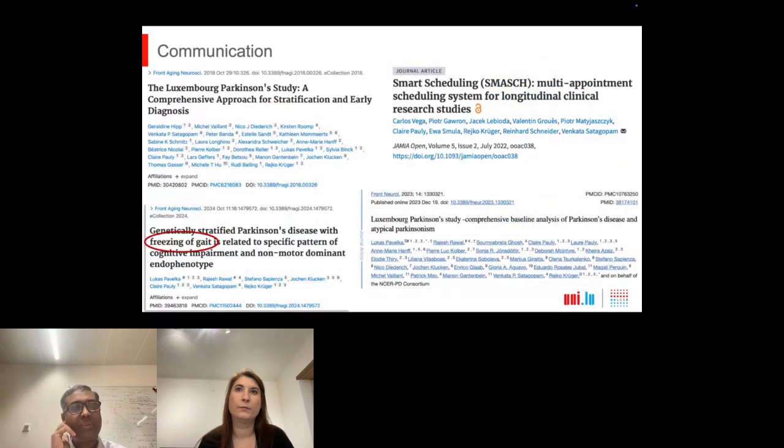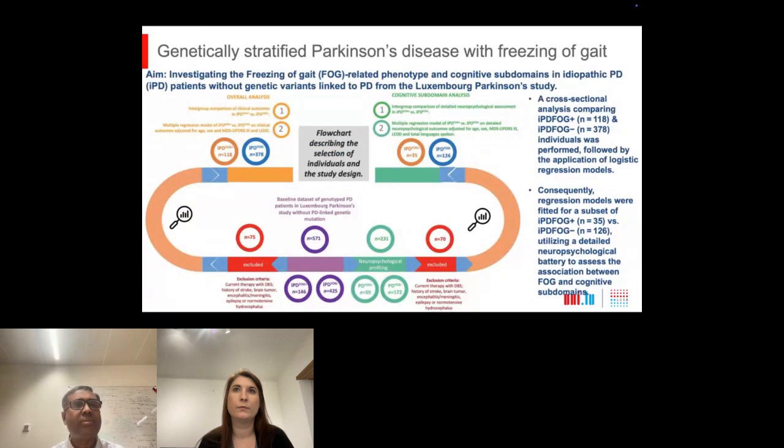From this Parkinson's disease study, we published a couple of publications. The SMASH I mentioned, that is out, and the other one is the freezing of gait. Maybe I would like to present this analysis a little bit now. This was mainly focusing on the freezing of gait, especially in genetically stratified Parkinson's disease patients.